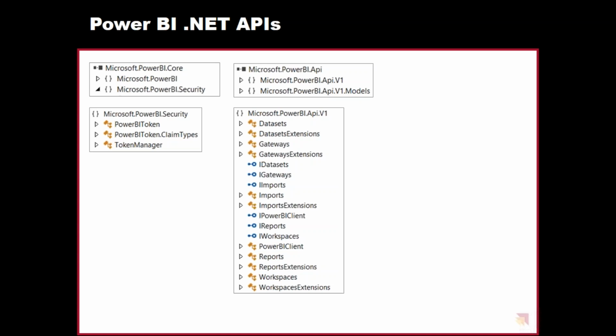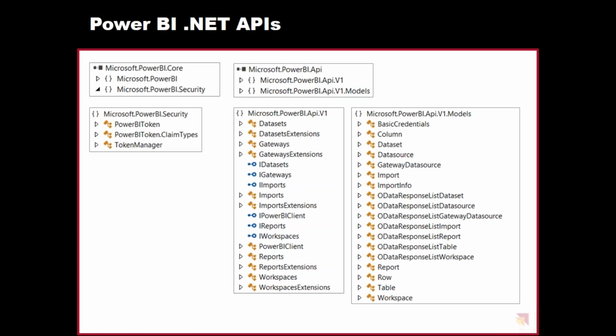Okay, and within the PBIX file, there's reports and there's datasets, there's workspaces. So this is the code that I'm going to show later, which is going to allow us to replace the PowerShell code for provisioning with C# code for provisioning. And then also there's v1.models, and this has generally types that are used to convert .NET objects into JSON to move them back and forth.